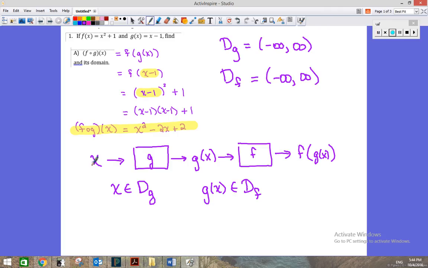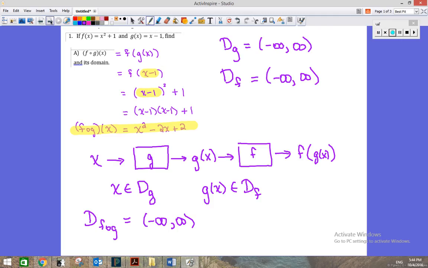So there are no restrictions for the input into g. There are no restrictions for the input into f. Therefore, we can plug in anything we'd like, and the domain of this function composition is all real numbers.